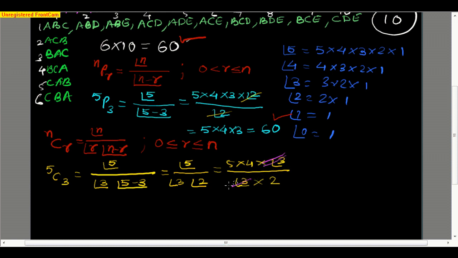Factorial 3 and factorial 3 will eliminate. 2 1s are 2, 2 2s are 4. So it is equal to 5 into 2, which is 10. So here you see this is also correct. The 10 ways of selection we have seen here. So in this way, through these techniques, we could easily find out the arrangements and selections of things very easily.